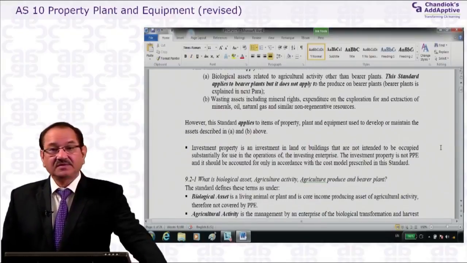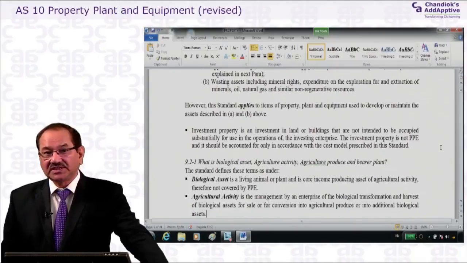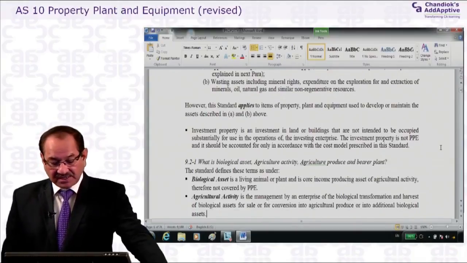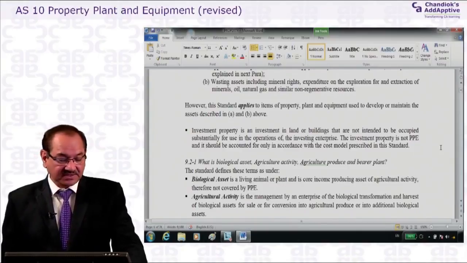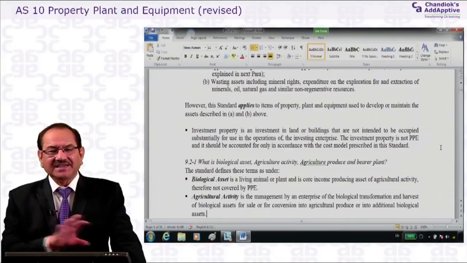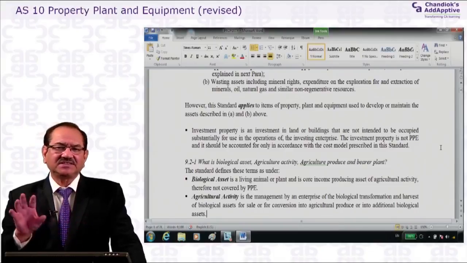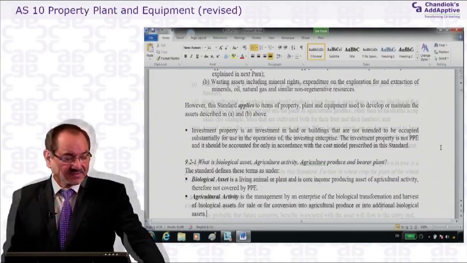Now I have explained to you what a biological asset is. Biological assets are living animals and plants, and are a core income producing asset of agriculture activity, and all these agricultural activity assets are excluded from here except the bearer plant.